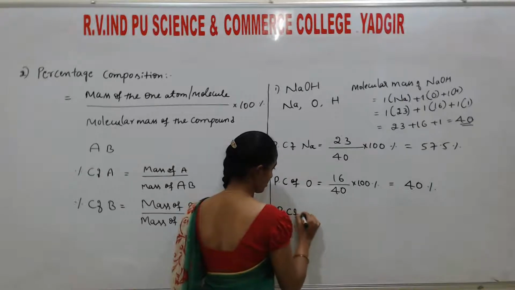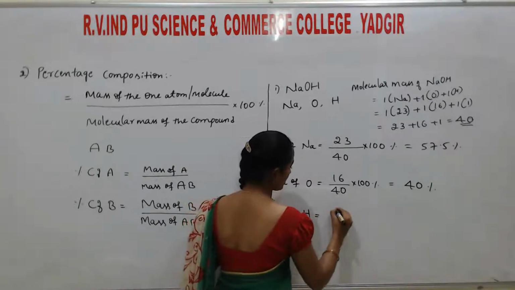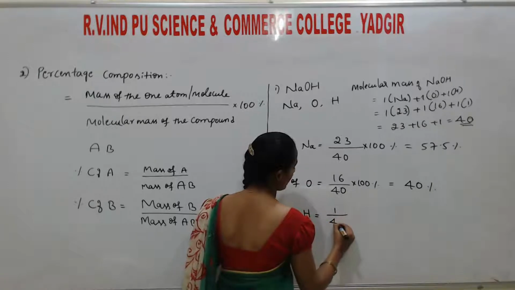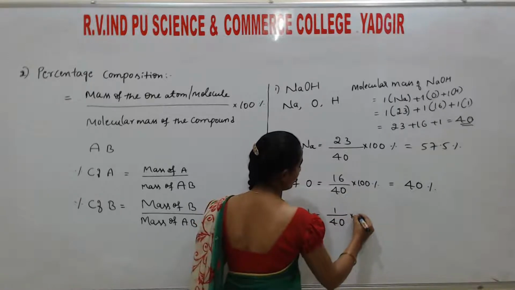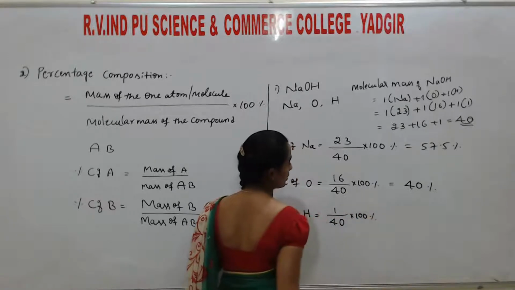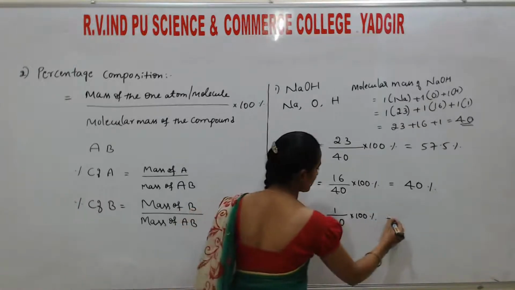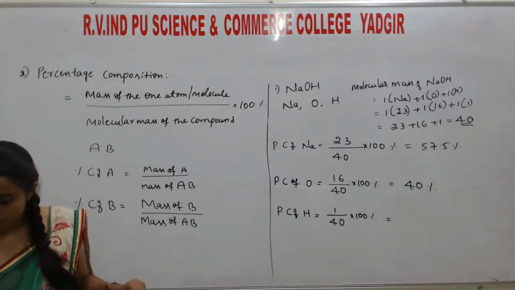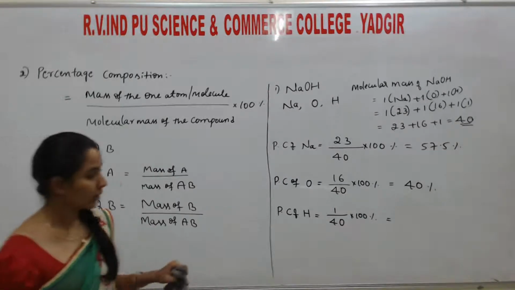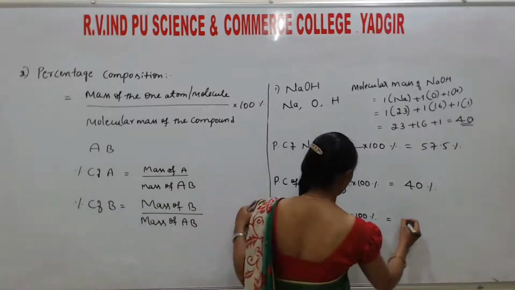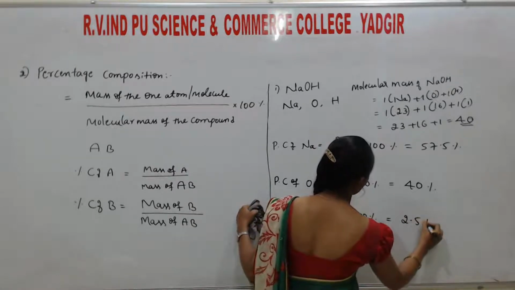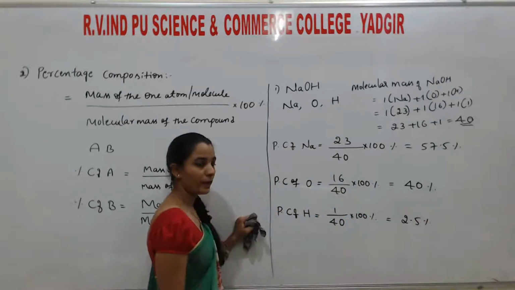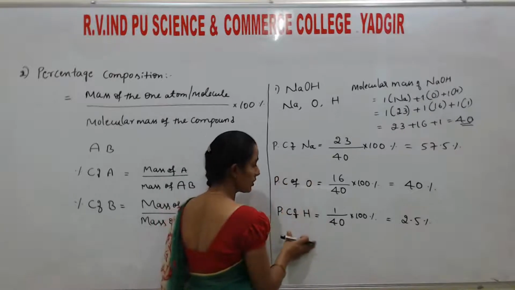Percentage composition of hydrogen, that is 1 divided by 40, into 100%. You may calculate using this, students, and this is 2.5%. Okay, so NaOH is done.